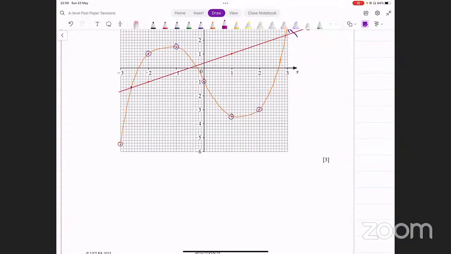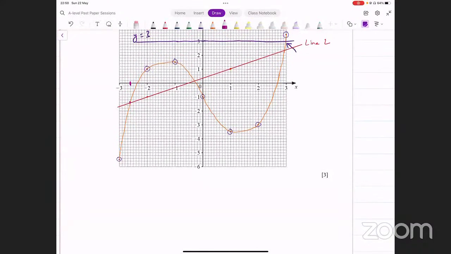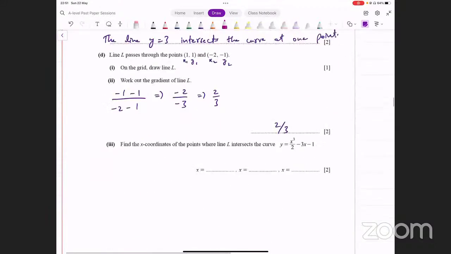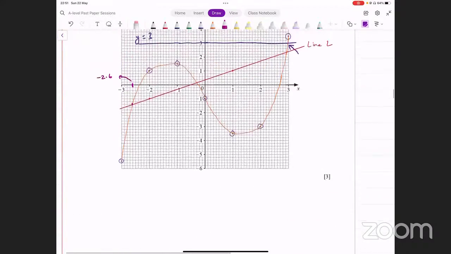You've got one point here. This x coordinate, you can read that. This is -2.6 for me. And the other point that we've got, so we got 3 values, right?